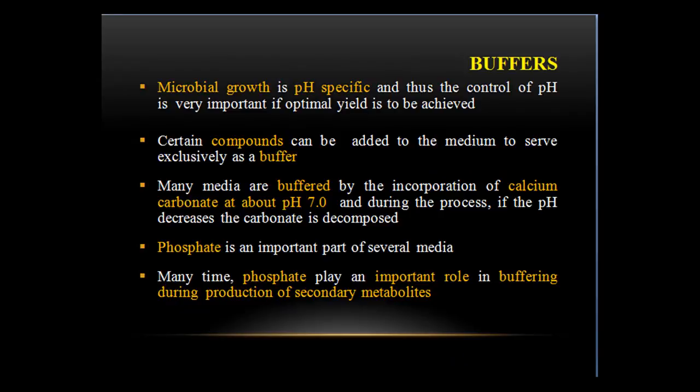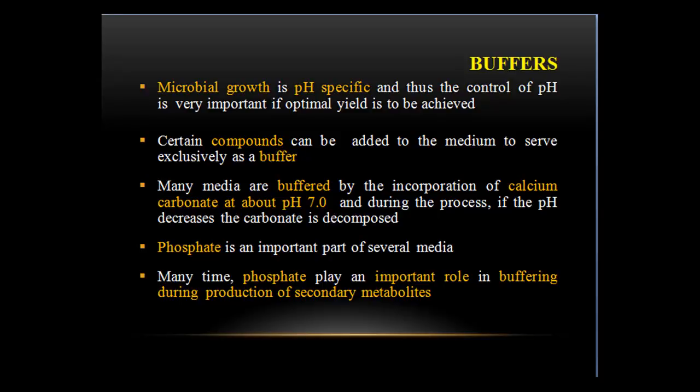Now, buffers. Microbial growth is pH specific, and thus the control of pH is very important if optimal yield is to be achieved. Certain compounds can be added to the medium to serve exclusively as a buffer.